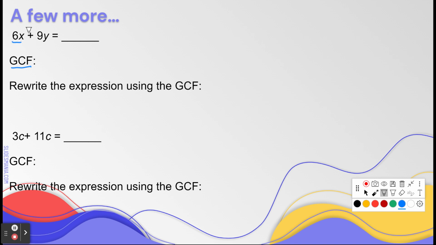Instead of writing 6x, I can do 2 times 3 times x plus 9y would be 3 times 3 times y. And let's look at the factors and see what they have in common and which one's the greatest. They both have 3. So again, our greatest common factor is 3.